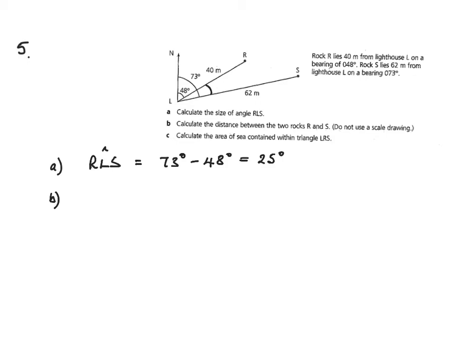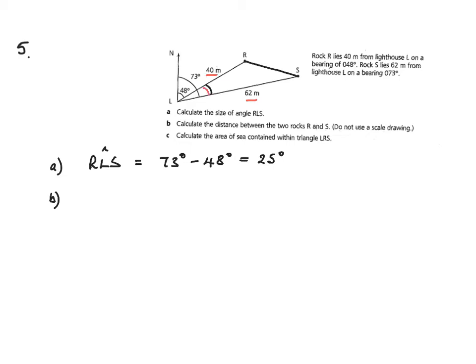Now I hope you can see, if we want to work out RS, what we have is the angle between two sides. Here is one side, here's the other side, and we've just worked out the angle.